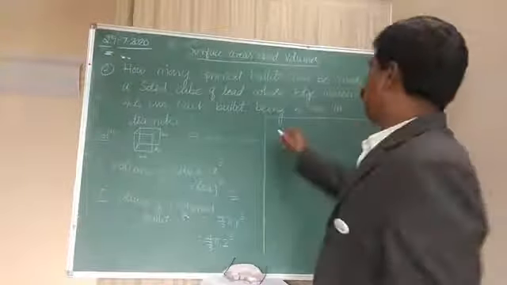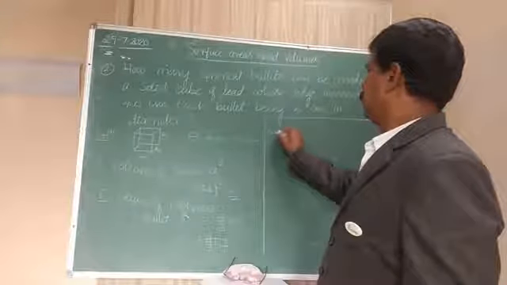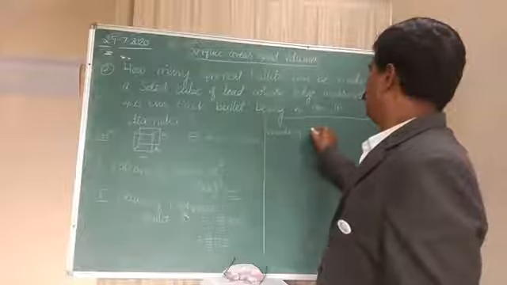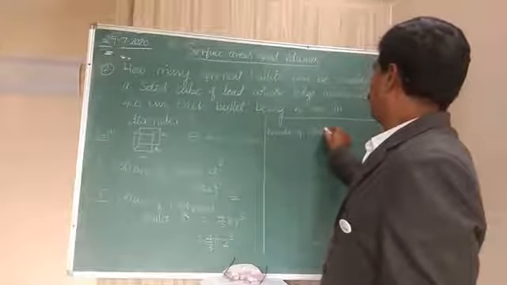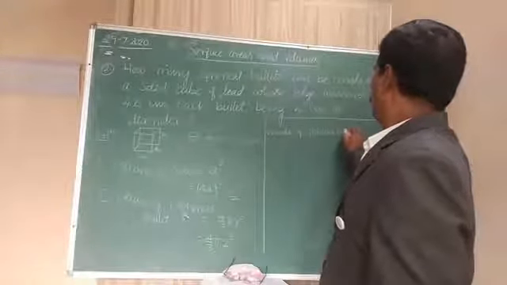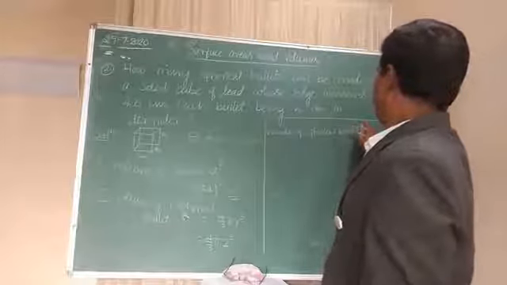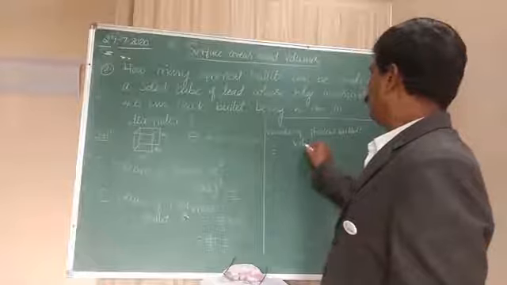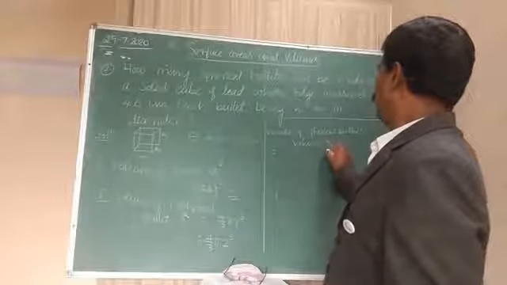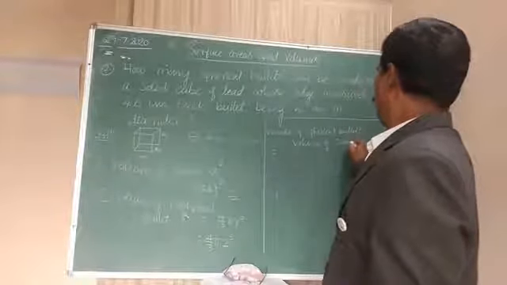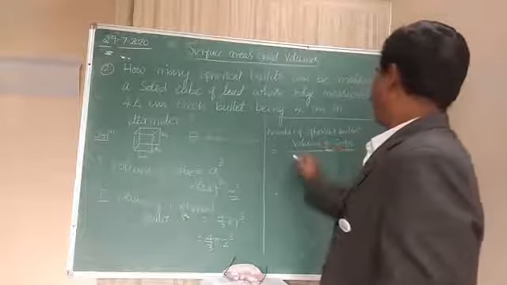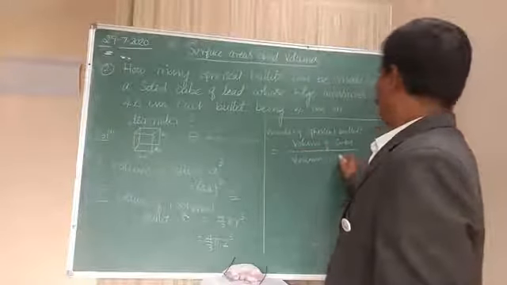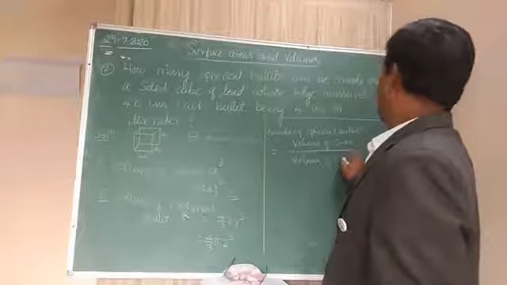Then number of spherical bullets is equal to volume of cube divided by volume of one bullet.